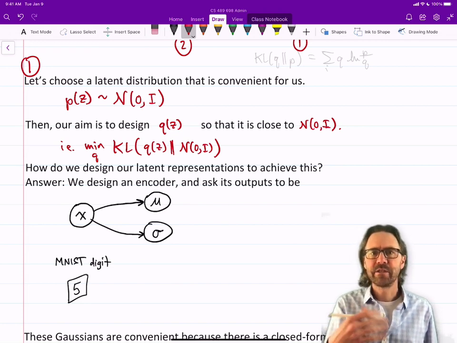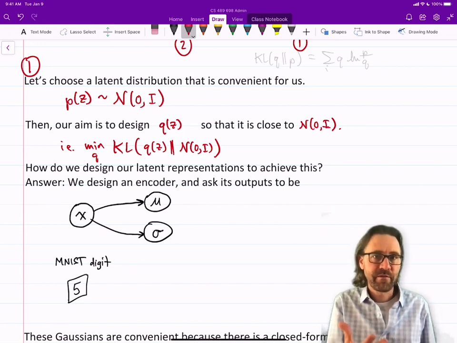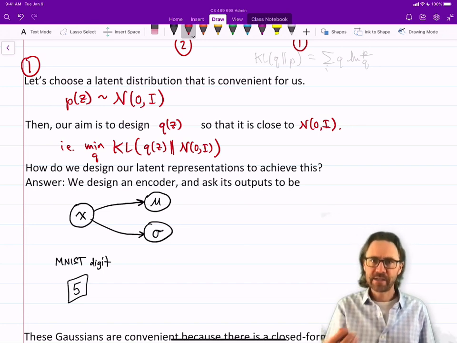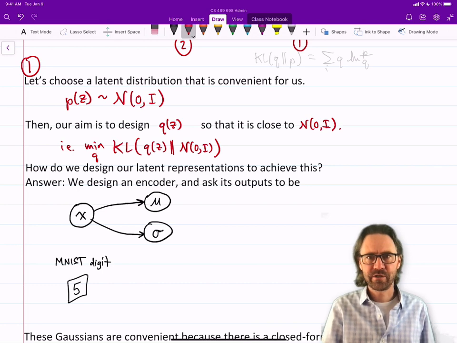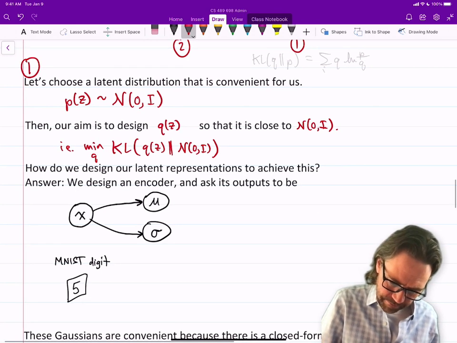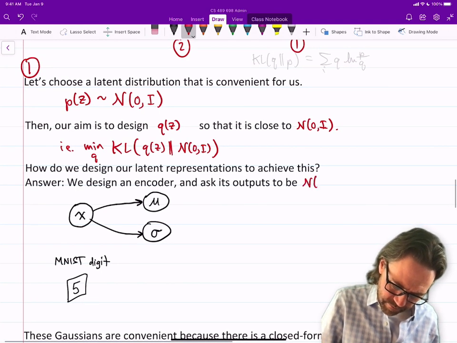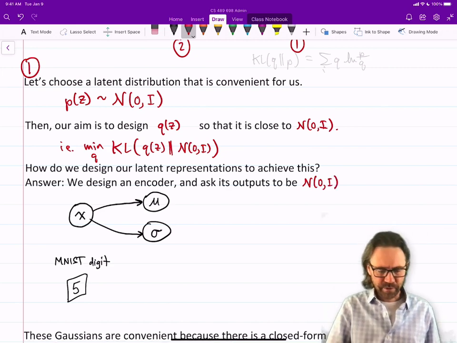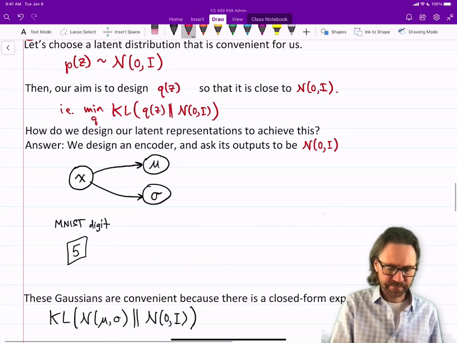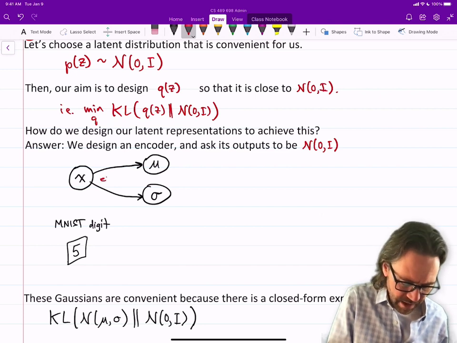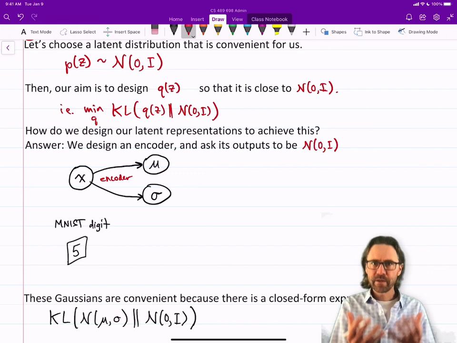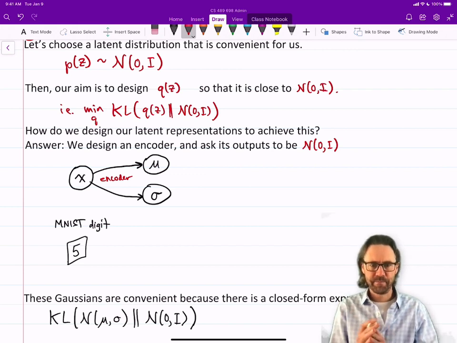The answer is we design our encoder. We still have the flexibility to design our encoder, and we ask its outputs to be distributed normally. So here's our input X, and we have an encoder, and it's going to output now a mu and a sigma.